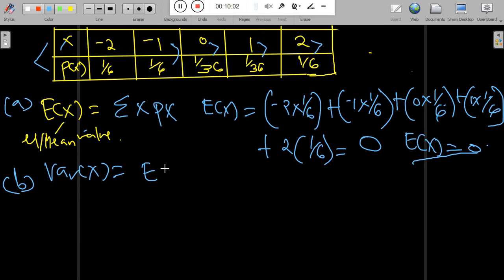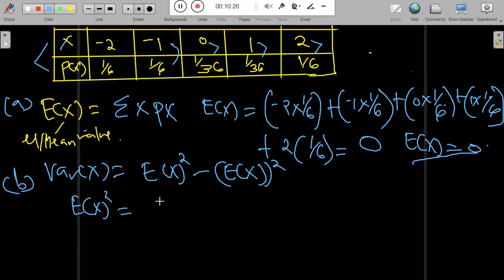Now, part B, let us calculate the variance value. It's given by taking the expectation of x squared minus the expectation of x, bracket then squared. So let's find the expectation of x squared, that is given by taking the summation of x squared times probability of x.